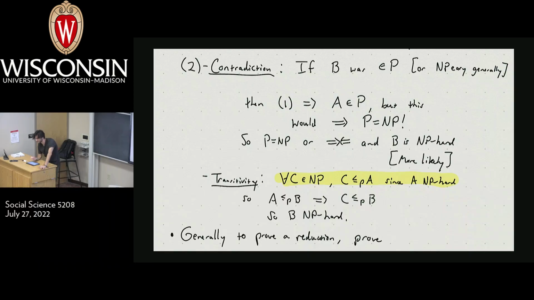Does that clarify slightly? Okay, so if an NP problem can be solved by using A, then A is NP hard. But it has to be for every problem. That's the key part. For every single NP problem, you can solve it using A.